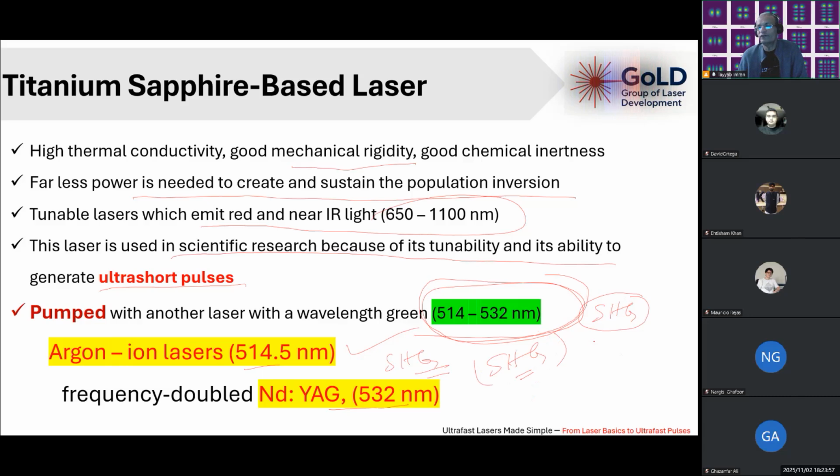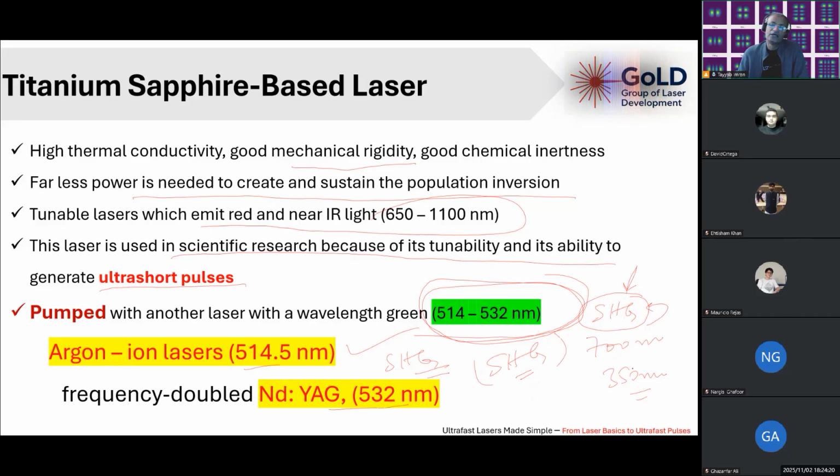So if some laser is emitting 700 nanometers, when it passes through this crystal, we get 350 nanometers. This is also called a frequency doubling crystal.